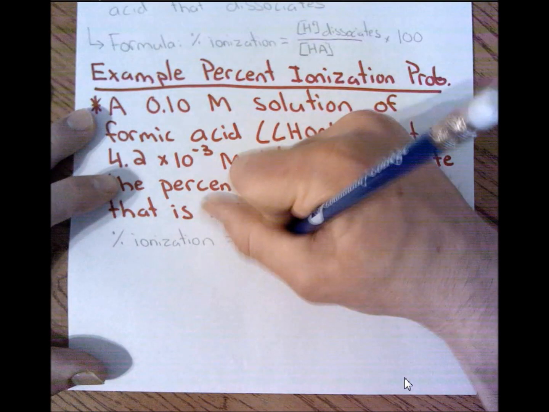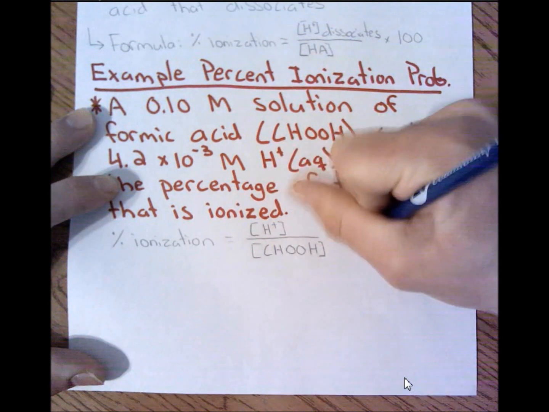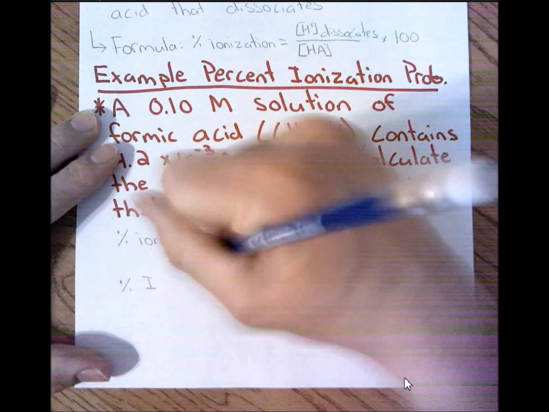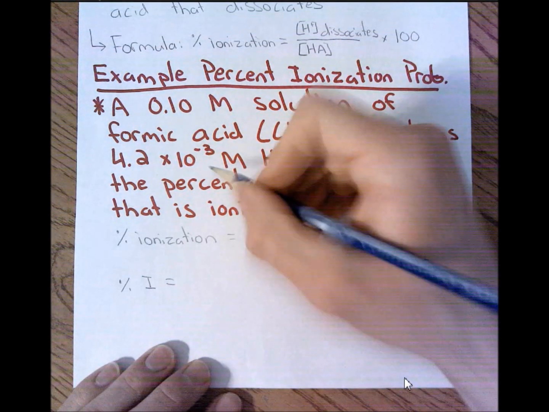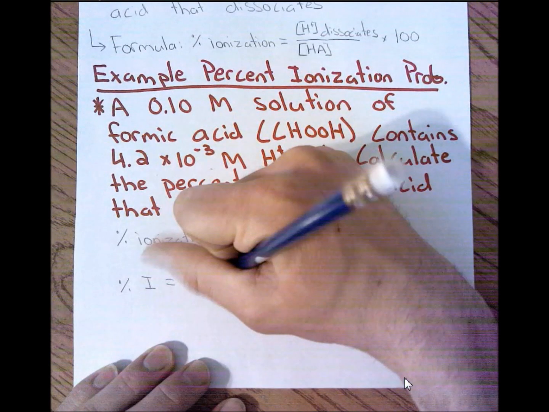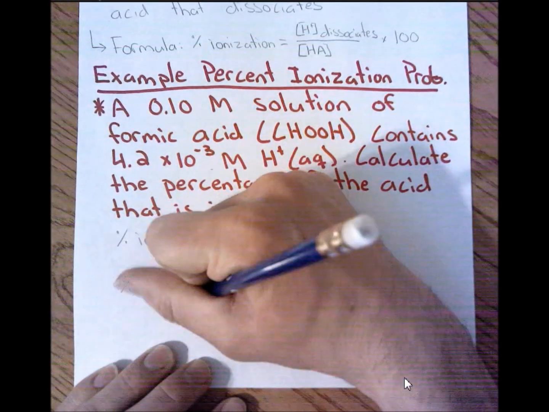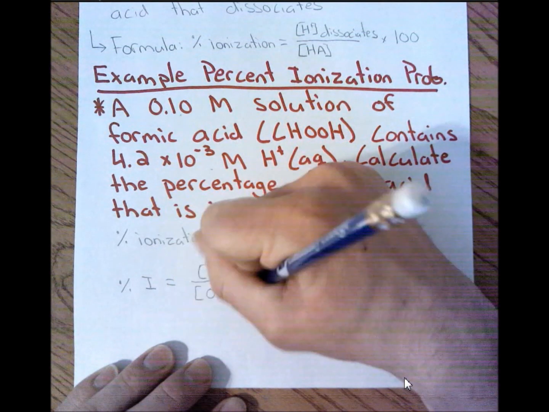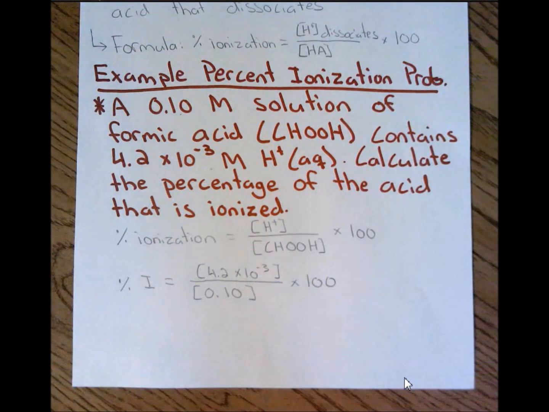Now, percent ionization, I'm going to call it percent I there. Our H plus that dissociates is this value given as 4.2 times 10 to the negative third, all divided by the original concentration, which was 0.1. And then, as always, don't forget to multiply by 100. So we are going to take 4.2 times 10 to the negative third, and divide it by 0.1.